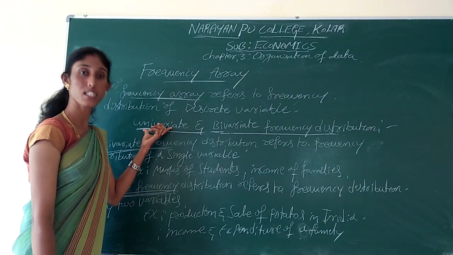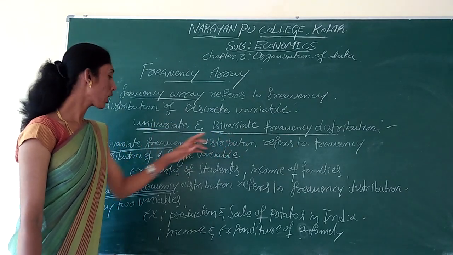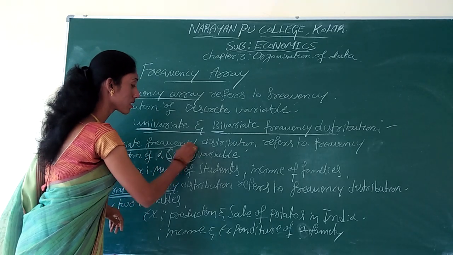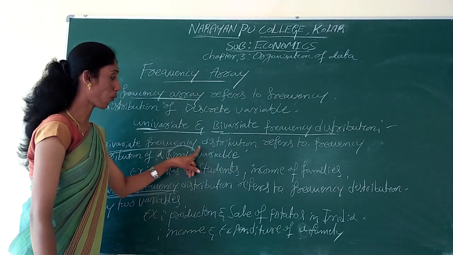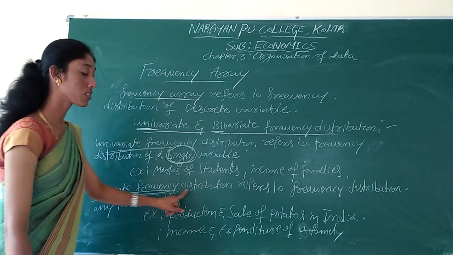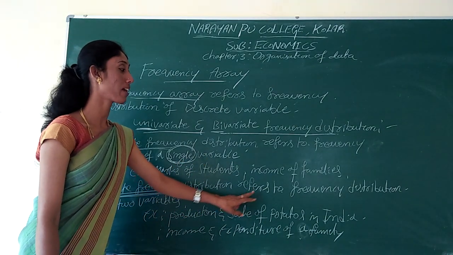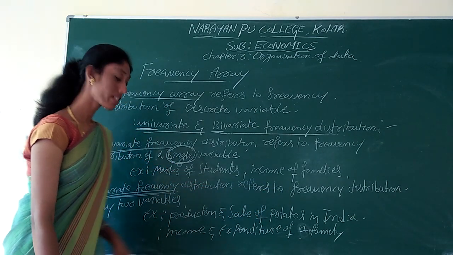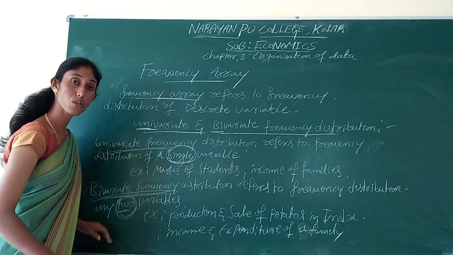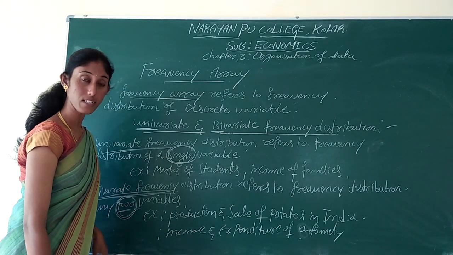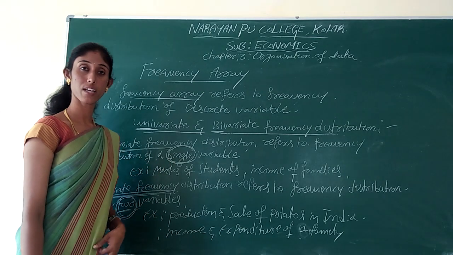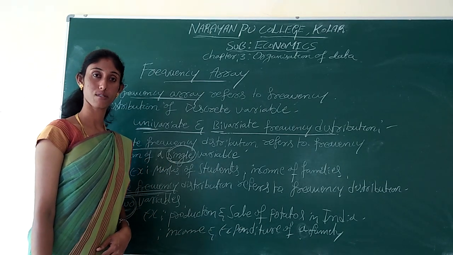Univariate frequency distribution means the frequency distribution of a single variable. And next, bivariate frequency distribution refers to the frequency distribution of two variables at a time. Got it? This is univariate and bivariate frequency distribution.